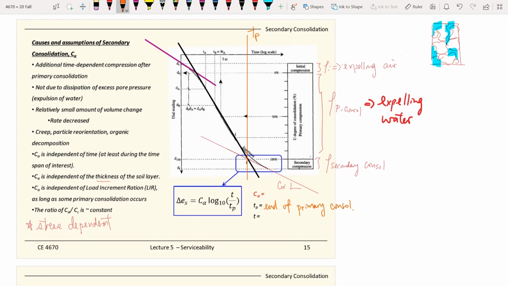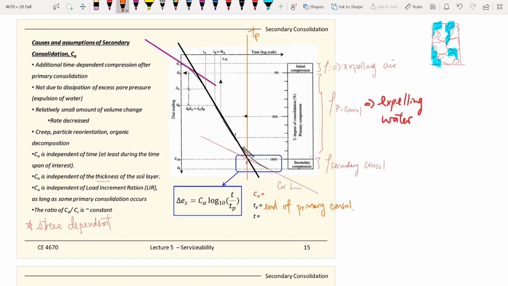This end of primary means that at the given stress, no more pore water can escape. But it doesn't mean all the pore water is gone. There's always a tiny bit left there, no matter how high the stress you go, until all the soil particles get destroyed.